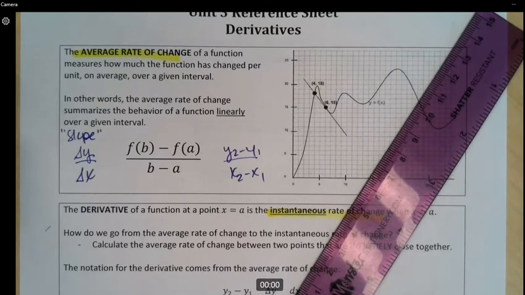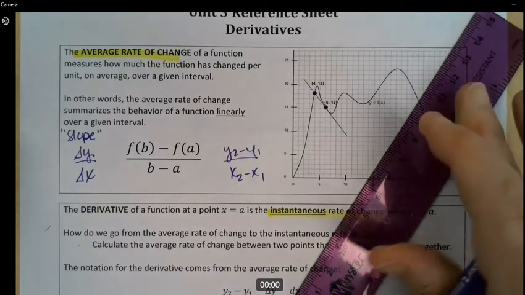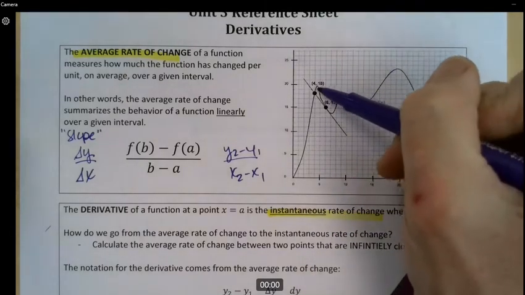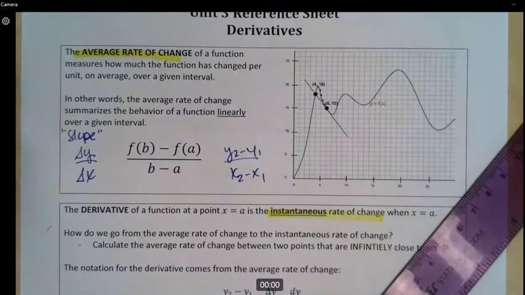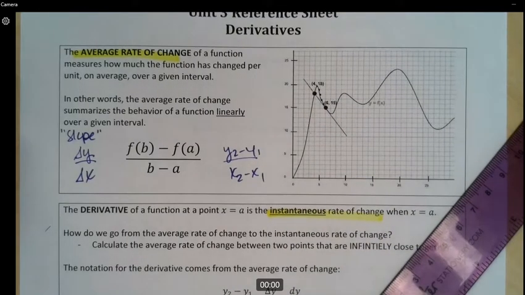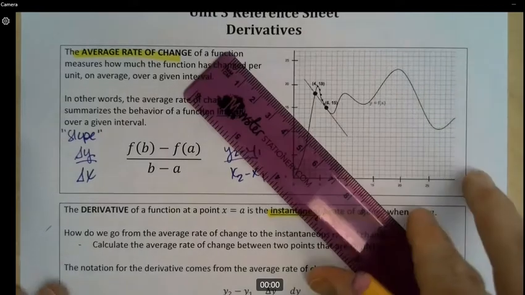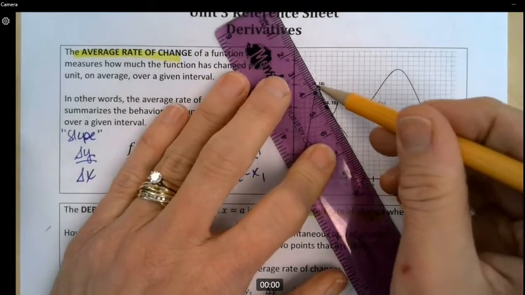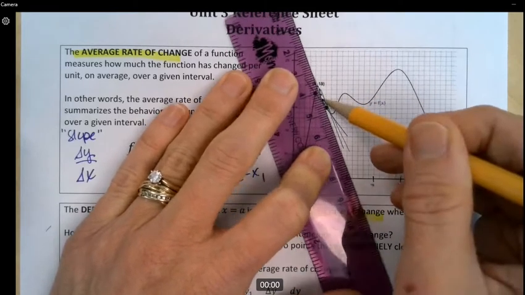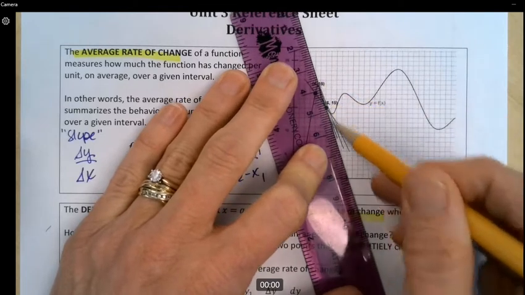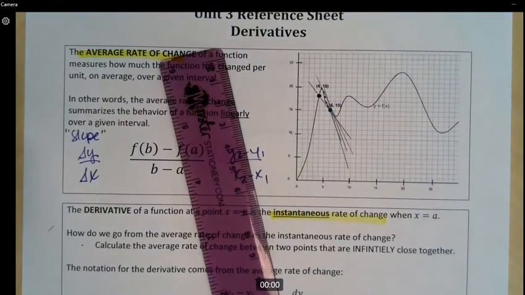So now we've got all these curves, so we have to find a better way to understand rates of change on those curves. So with the derivative, I end up closing the gaps between my x's, and with each next line that I get closer and closer, my estimate of my rate of change becomes better and better and better and better until I'm dealing with really a tangent line.